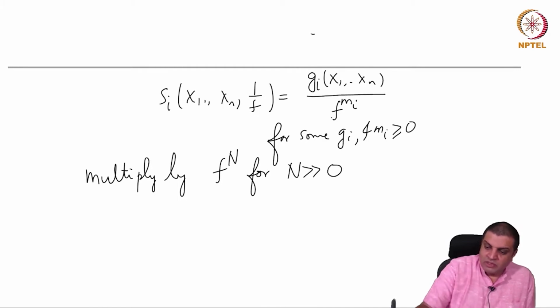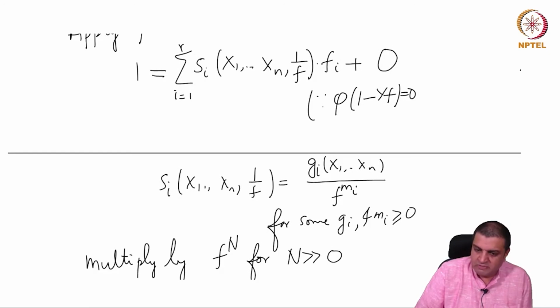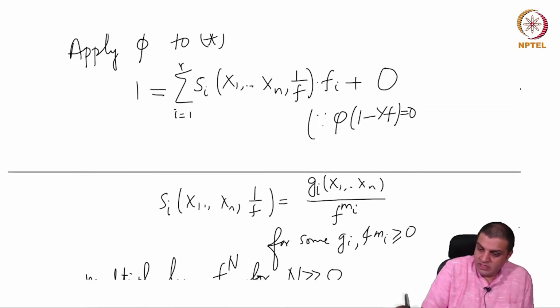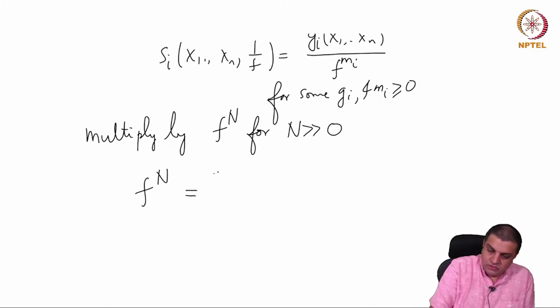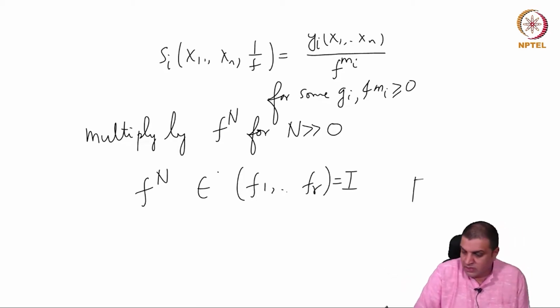That would clear all the denominators, the powers of f in the denominator, and then we would get f to the n is some combination of the gi, and however many f's were multiplied, times fi. So this is in the ideal generated by f1 through fr, which was I. So this is the proof.